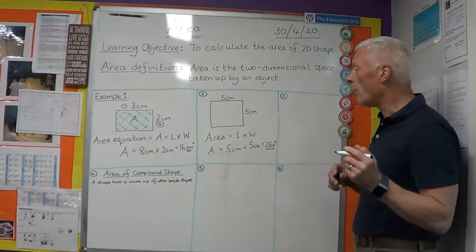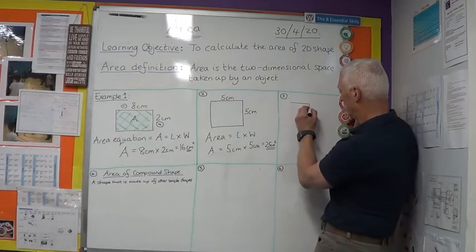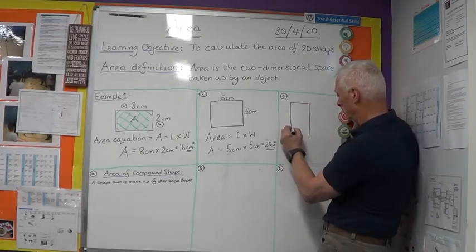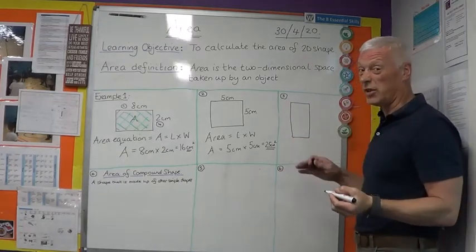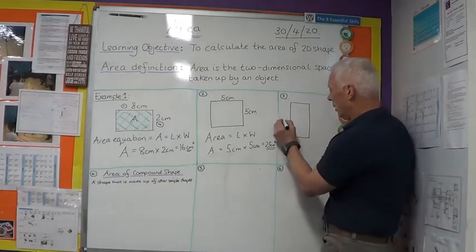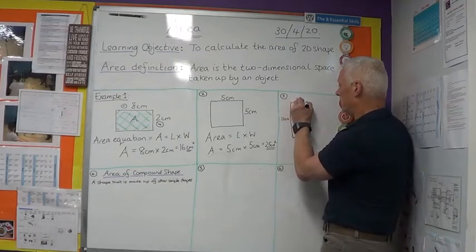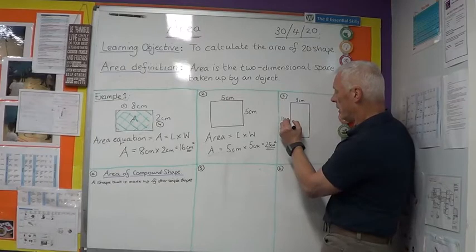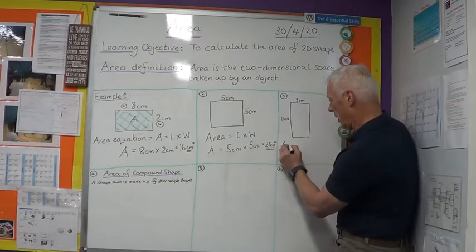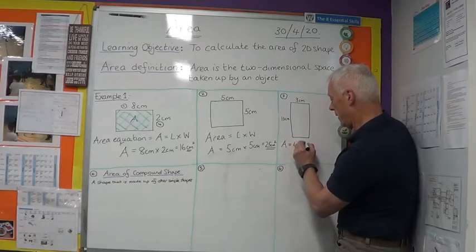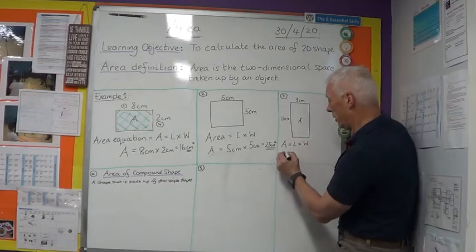Let's do one more example. A rectangle as though it's standing up, 10 centimetres and 3 centimetres. Area equals length times width. So the area again is all that space in between.